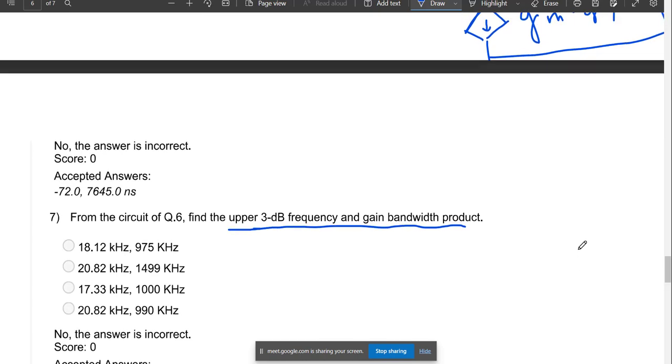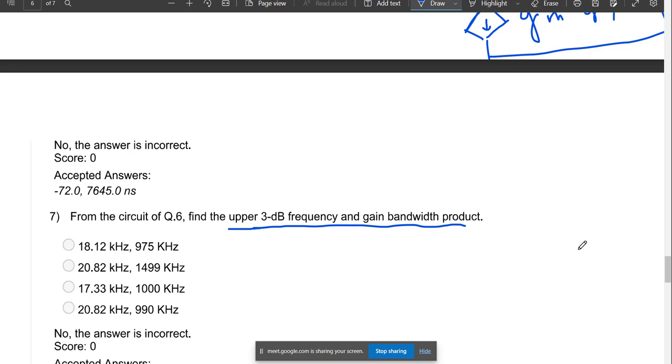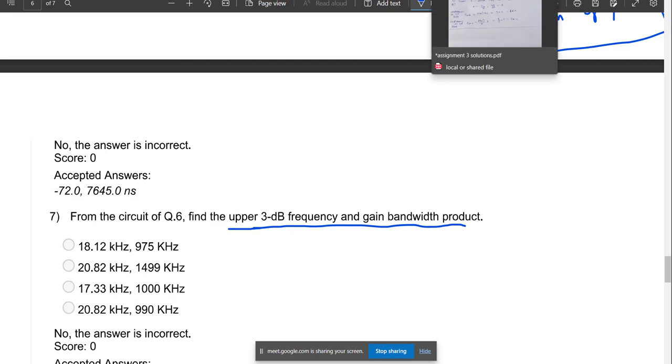What about others? What do others think? Option D, ma'am. Okay. Chalo, let's solve.